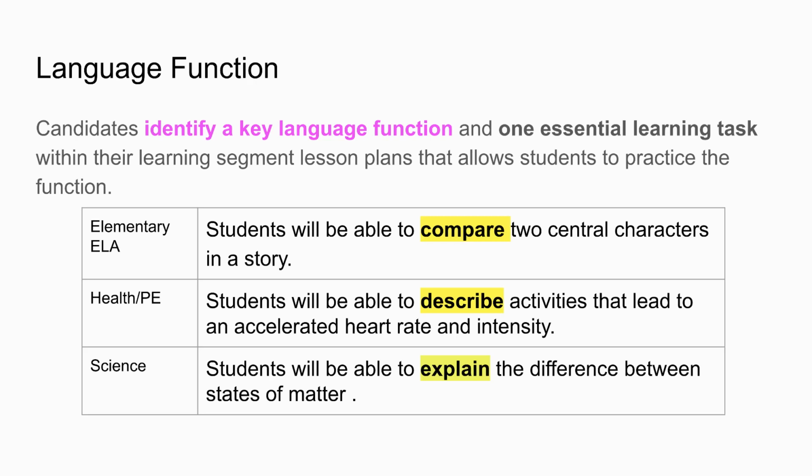Now, it's very clear in the EDTPA instructions that you will identify a key language function and one essential learning task in your learning segment lesson plans that will provide students with an opportunity to practice the function. So in this instance, less is more. You might have several language functions in your lesson, but just identify one and connect that to your lesson plans.